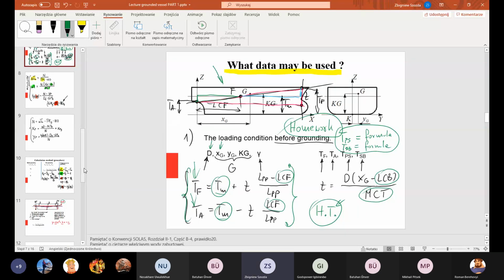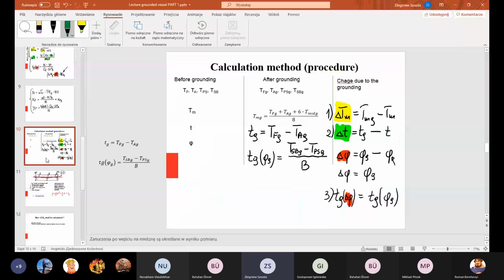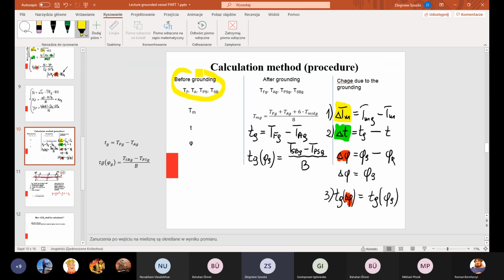Maybe I will choose not the next one, but the slide which is the main body of the presentation, and I will draw your attention to this: if you calculate drafts before grounding, that is the first package of data for your calculations.